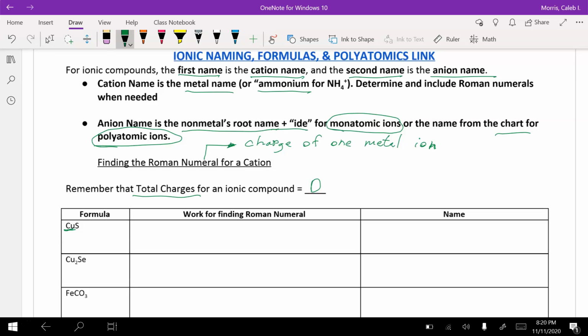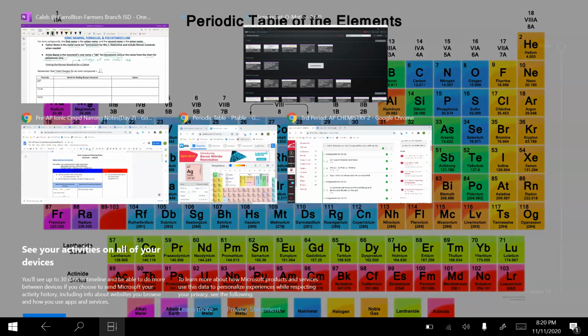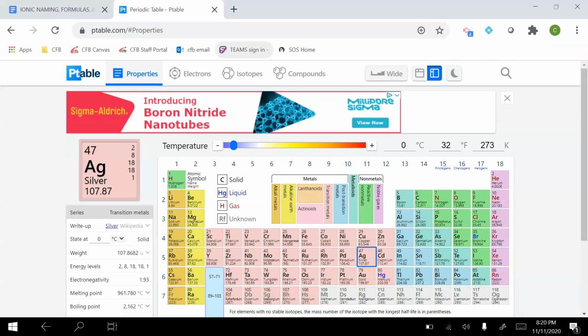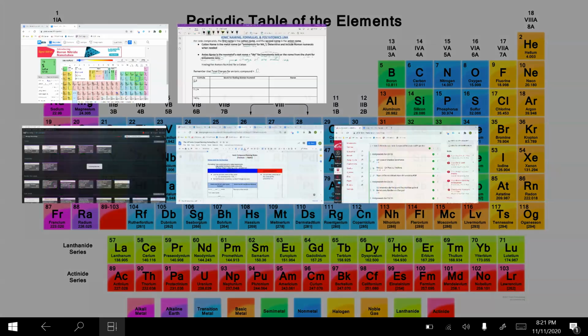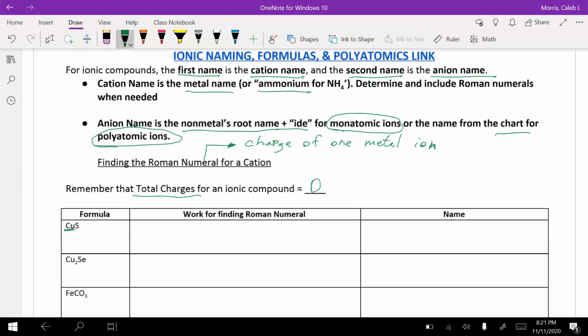But we do know the charge of S. If you look at the periodic table, sulfur is in this group, and our negative ions, we can always predict their charge. The last group, remember, doesn't have a charge. That's 0. Then we have -1, -2, -3, -4 for our nonmetals. Sulfur has a -2 charge. Sulfide. It's a -2 charge.